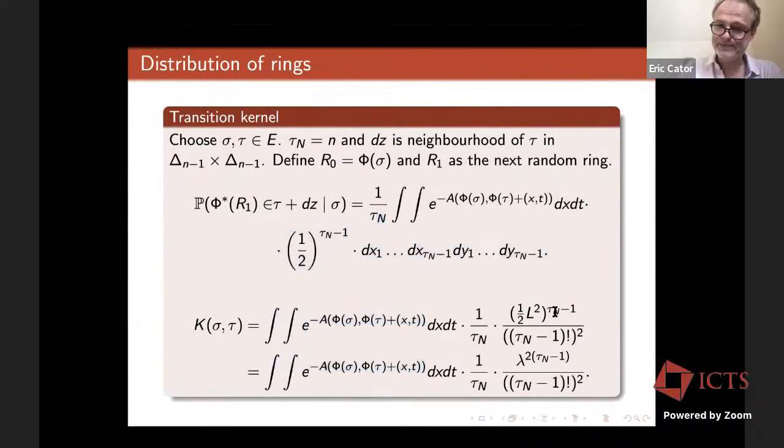And it turns out that this 1/2 L squared is exactly lambda. So I can write the transition kernel in terms of this lambda. So going from sigma to tau, you get this nice integral, this factor 1 over tau, and then this factor here with lambda to the 2 tau n minus 1 and tau n minus 1 factorial squared. That's cool. That's the transition kernel of this Markov chain that I have now. Markov chain of rings.